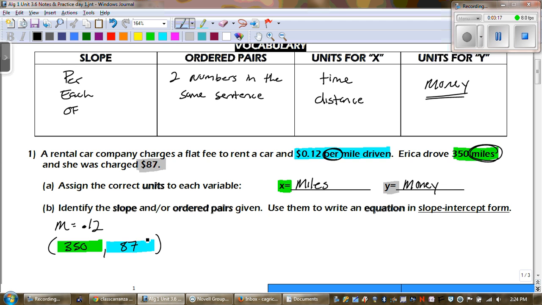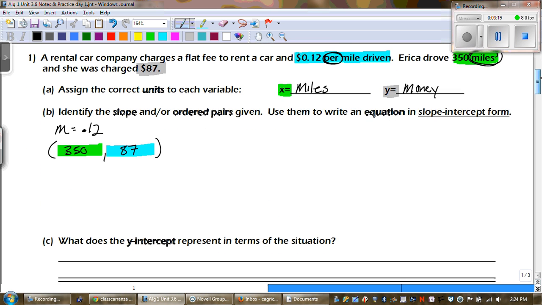So now that we've got all of that information, we can plug it into our point-slope form. We know our slope is 0.12, our x is 350 and our y is 87.